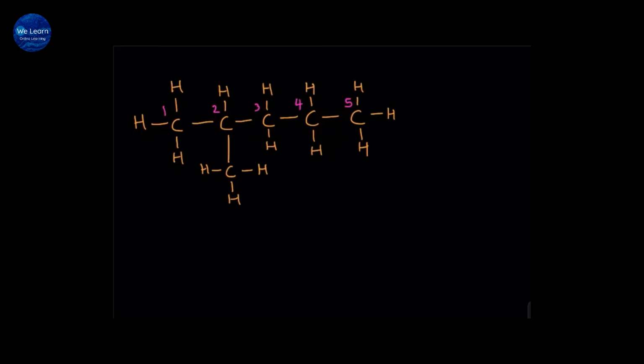Now we have to identify this group. Since I'm dealing with one carbon atom in our group, this here is a methyl group. If we had 2 carbon atoms, something like this, CH2CH3, that's an ethyl group.